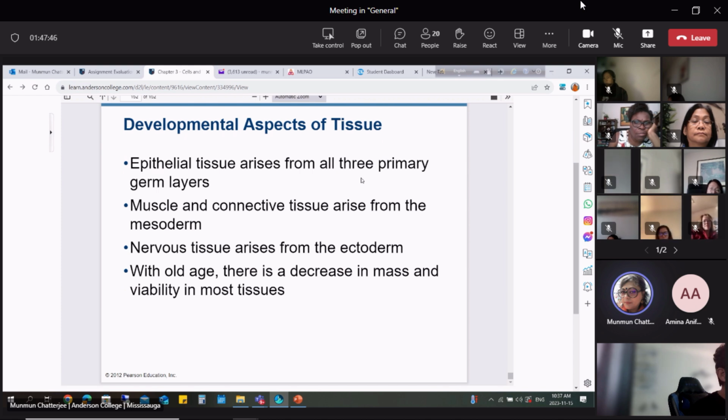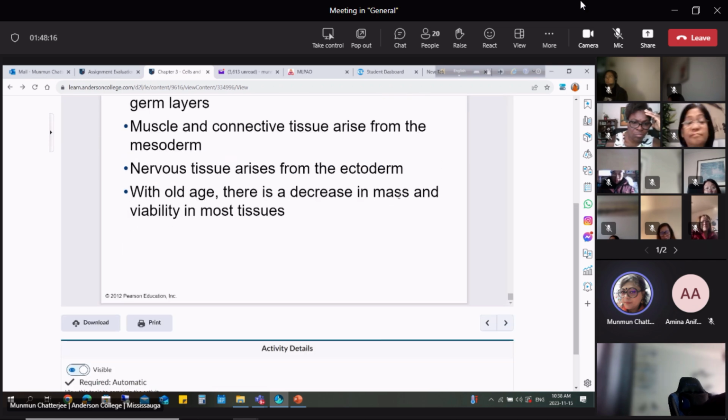Muscle comes from the mesoderm, nervous tissue from the ectoderm, and with old age there is a decrease in the mass and viability of most tissues. So epithelial tissue comes from the primary germ layers, muscle tissue from the mesoderm, and nervous tissue from the ectoderm. This one isn't needed that much, but we just have to read it.